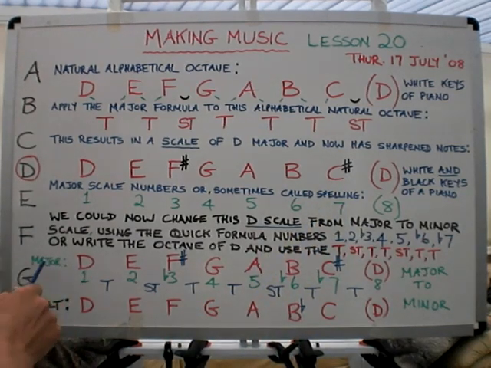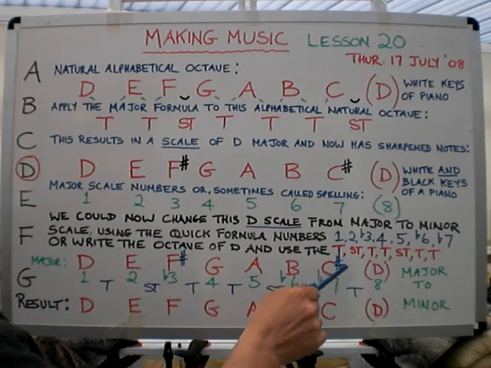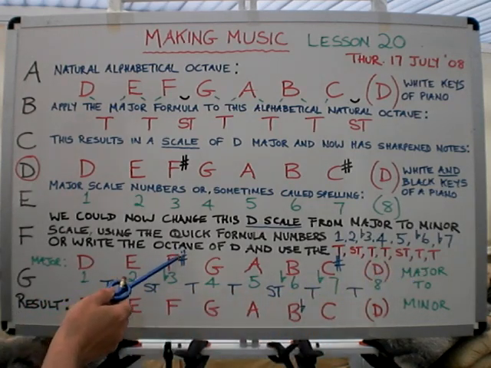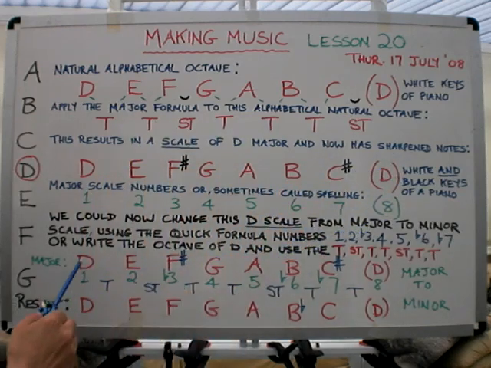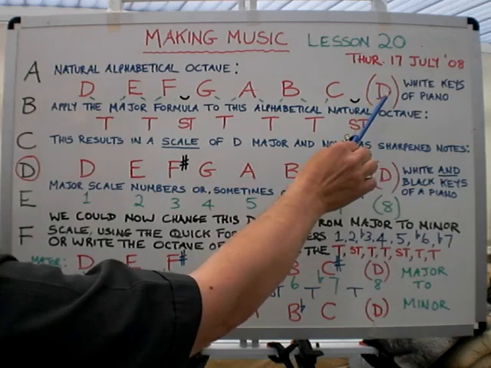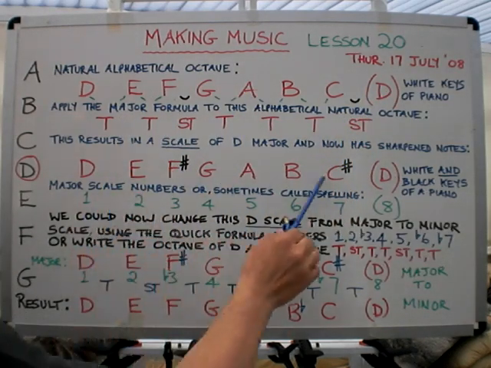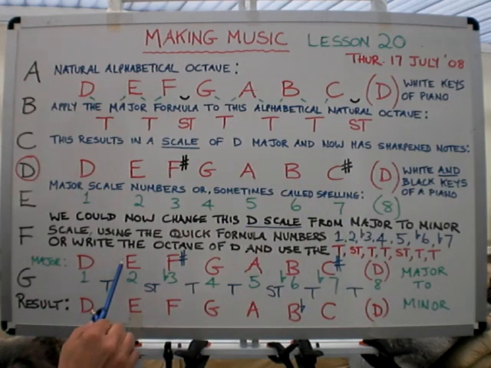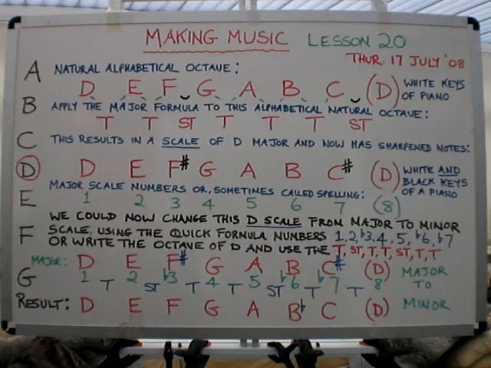So if I wrote here again this D major scale, you know it's the major scale, it's got all the sharps, it's had that pattern applied to it, and that's what resulted. It was from here, normal alphabetical, applied pattern of the major formula, result, and I've just rewritten the result here: D, E, F sharp, G, A, B, C sharp, D.